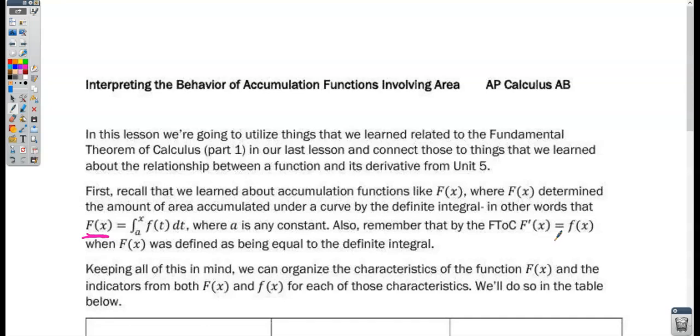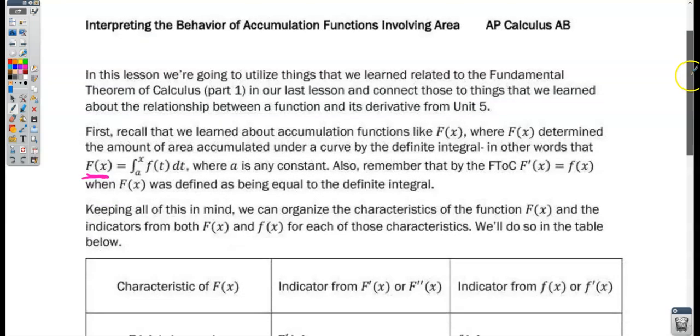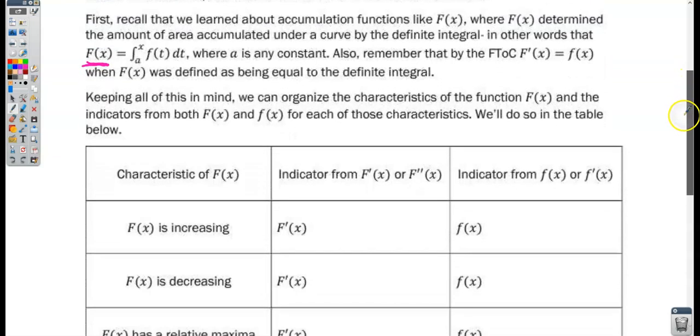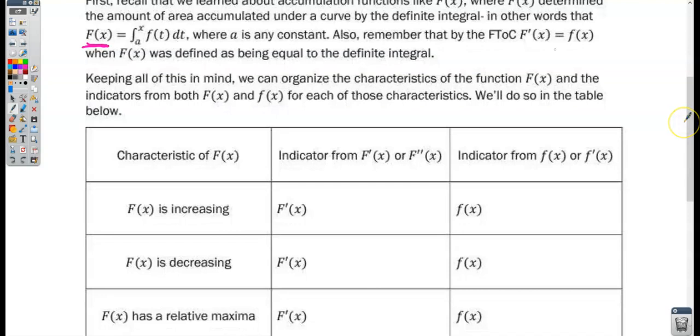Okay, so keeping all this in mind, let's talk about characteristics related to these functions, capital F of x and lowercase f of x. So suppose capital F of x is increasing. What we know from chapter 5 is that when a function is increasing, the derivative of that function is positive. I did say increasing a second ago, didn't I?